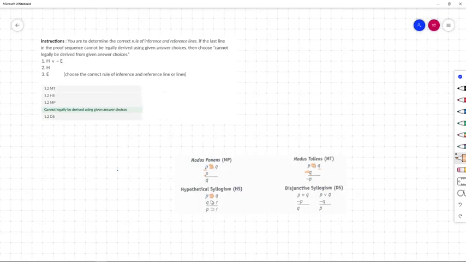HS, you need 2 horseshoes. And of course, the consequent of one horseshoe has to match the antecedent of the other horseshoe. Doesn't matter which order, but you do have to have that back and forth pattern. And then for disjunctive syllogism, you always have to have a wedge and a negation, but you either have a matching left-hand side or a matching right-hand side.